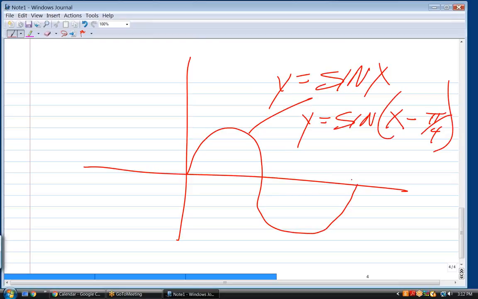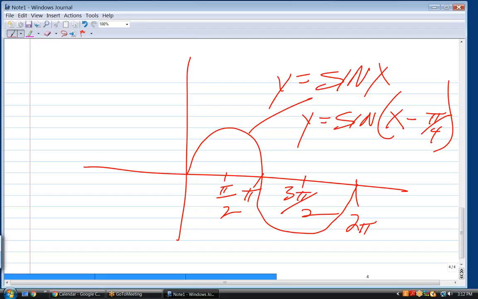Let's label this graph. That's 2 pi. That's pi. That's pi over 2. That's 3 pi over 2. You want to get really good at quartering these graphs because you have to do it so frequently.